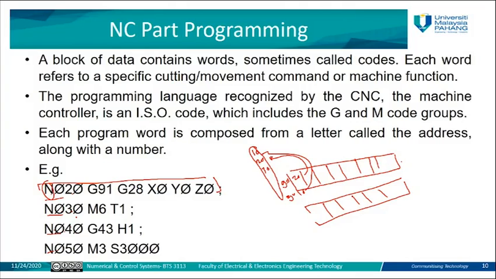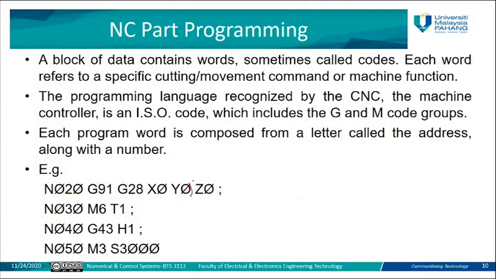So this is the sequence, and the others here, each one is a word for the line. For example, this is one word, G28, this is coordinate X, Y, Z, and so on. Each one of these we call a word. A combination of words gives you one block.